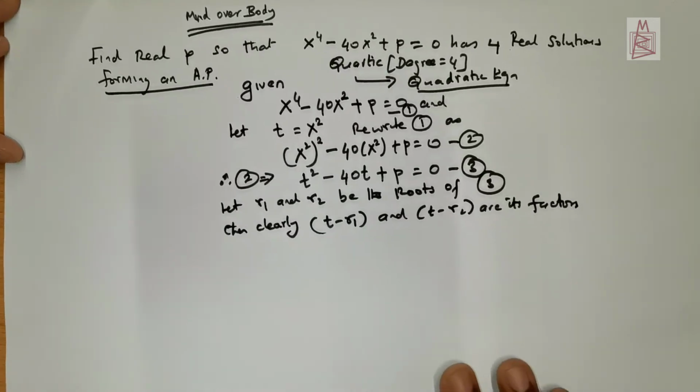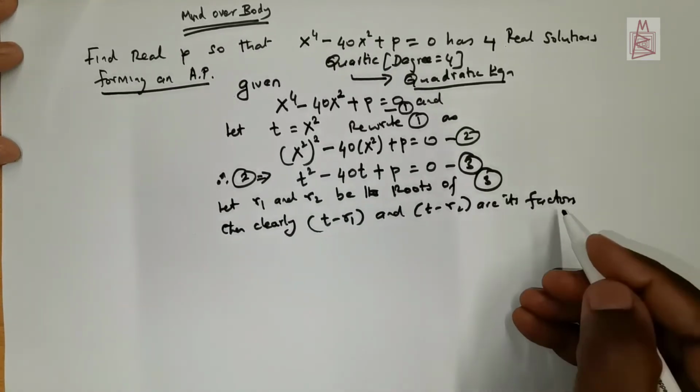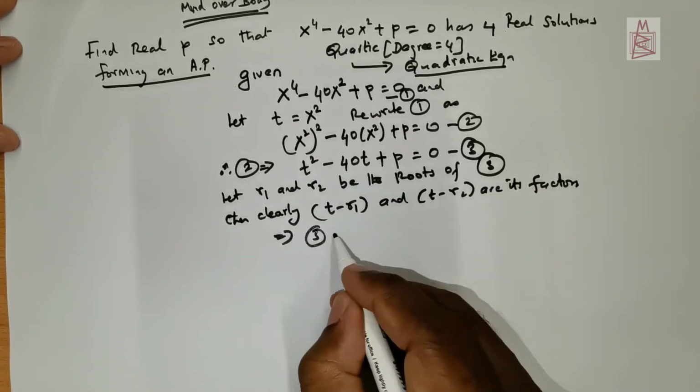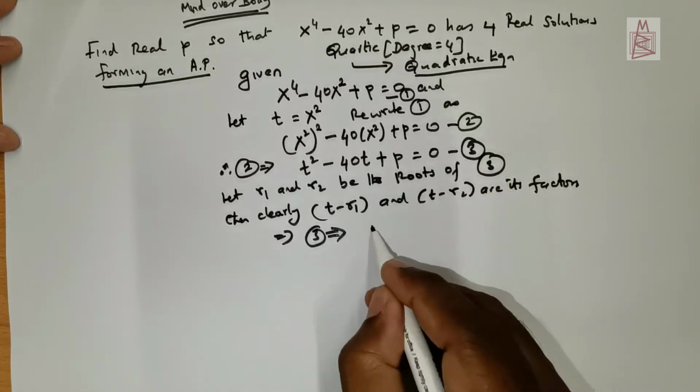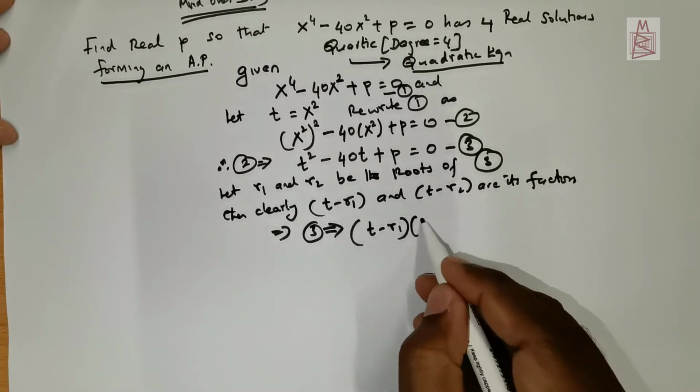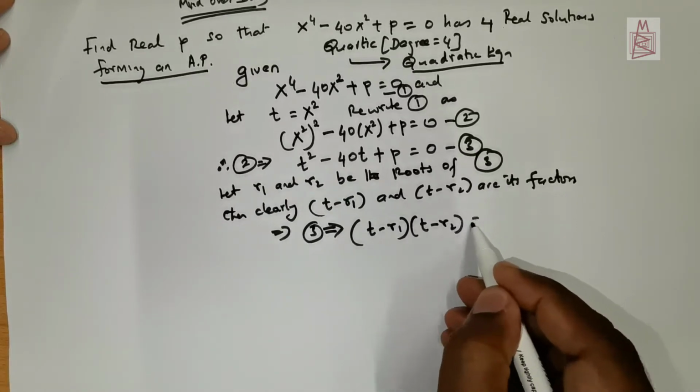So we know this. Now, this means 3 can be rewritten as t minus R1 multiplied with t minus R2 is equal to 0.